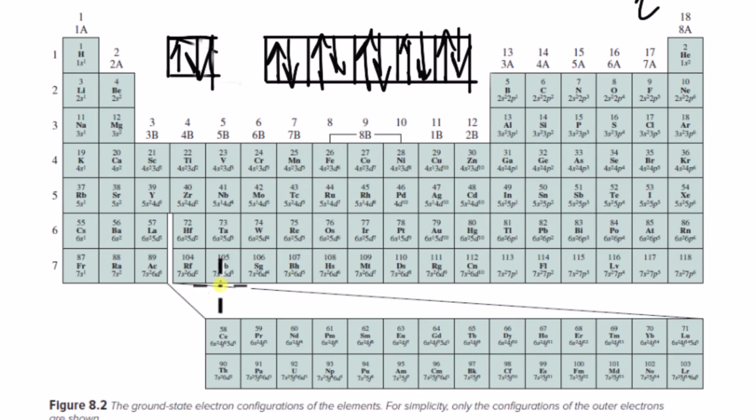So with the transition metals, the outer electrons are going to be all the electrons in the d orbital, the last highest principal quantum number d orbital, and then the preceding s orbital.